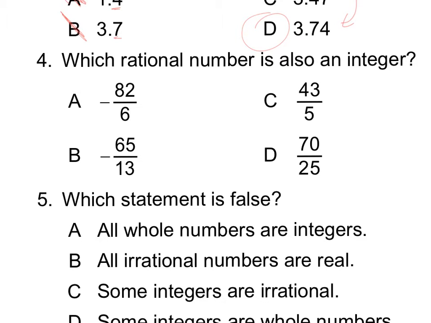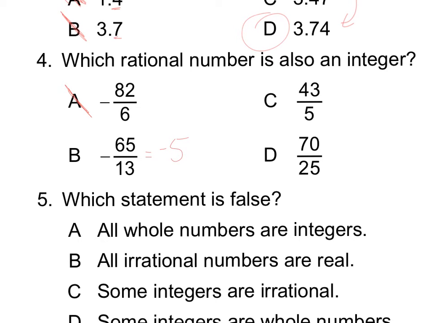If you do 82 divided by 6, you get 13.6 repeating. Because of the 0.6 repeating, it's not an integer. 65 divided by 13 is 5, so negative 65 over 13 equals negative 5.